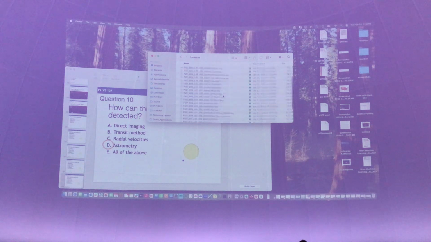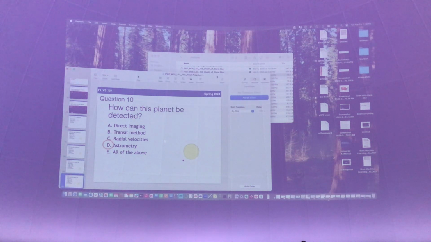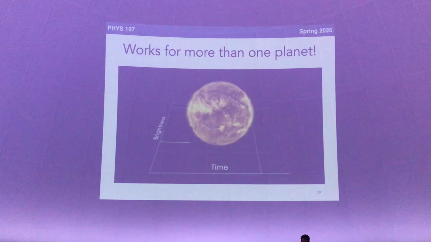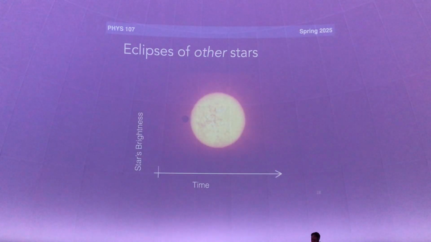I say that very confidently, but I always get flustered. So we did direct imaging, we did transits.